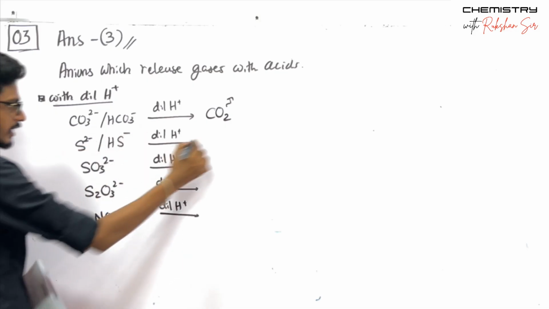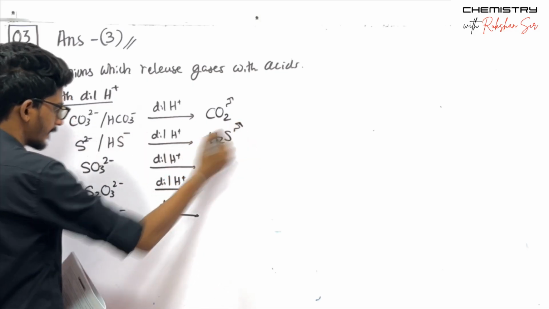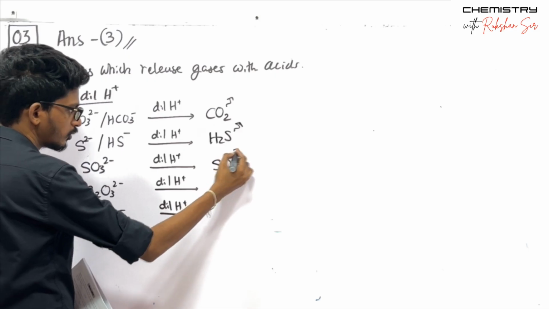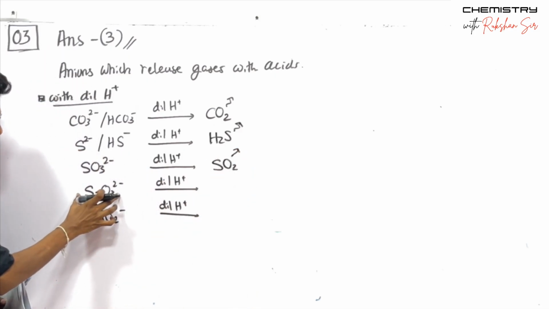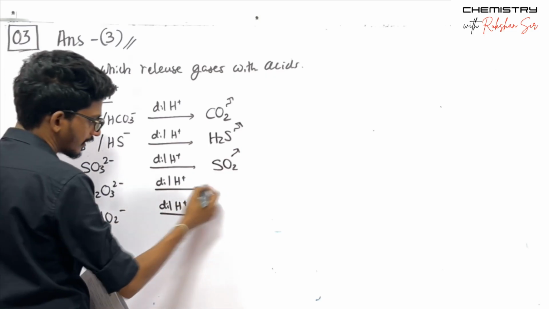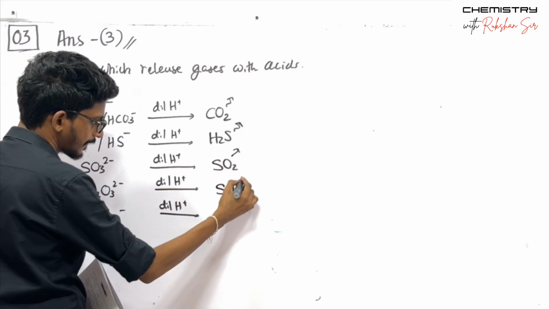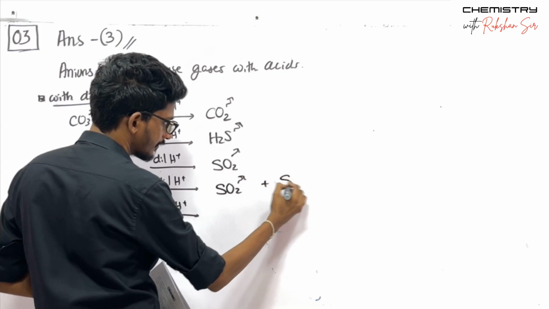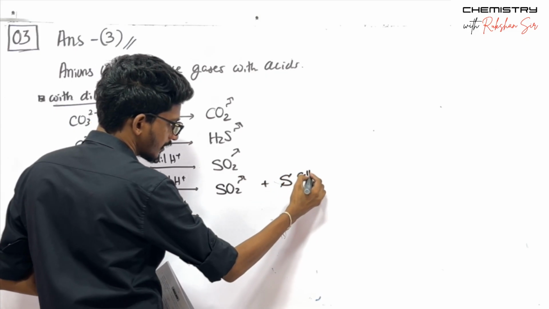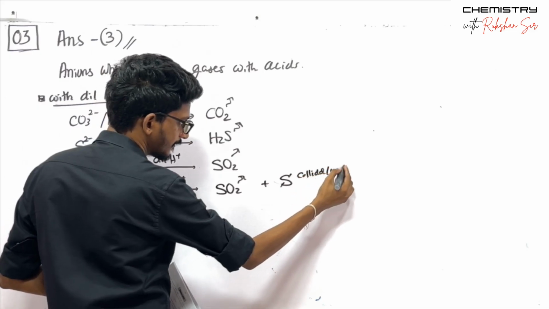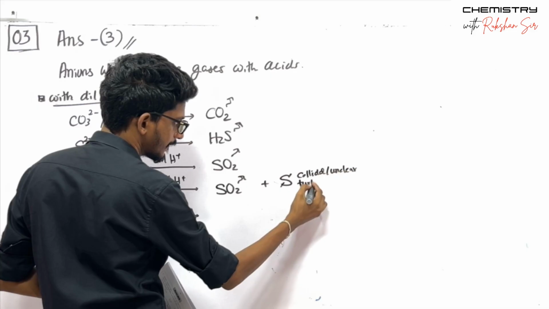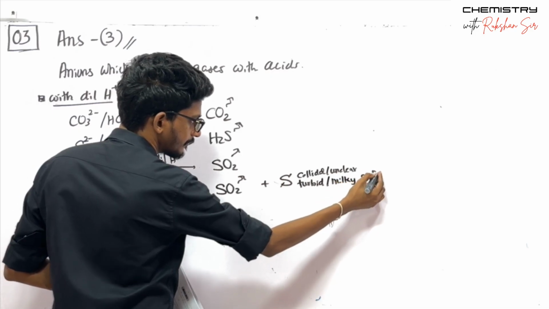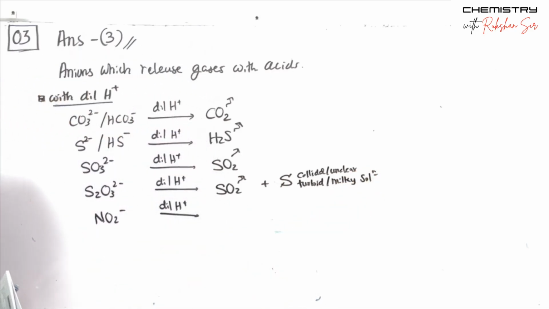With sulfide, H2S gas will release. With sulfite, H2SO3 will produce, which releases SO2 gas and H2O. With S2O3 2-, you get SO2 gas and colloidal sulfur. This is referred to as a colloidal, unclear, turbid, or milky solution; all the terms can be used.